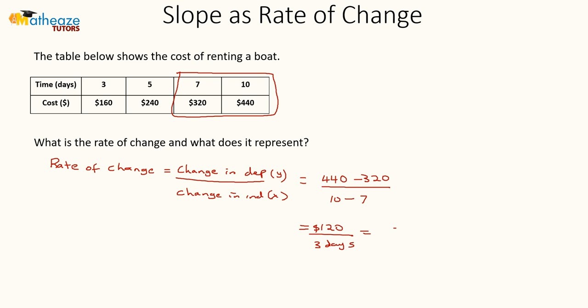So this is going to give us $40 per day. So the rate of change is 40. Rate of change is $40 per day. So it means that the cost of renting a boat is $40 per day.